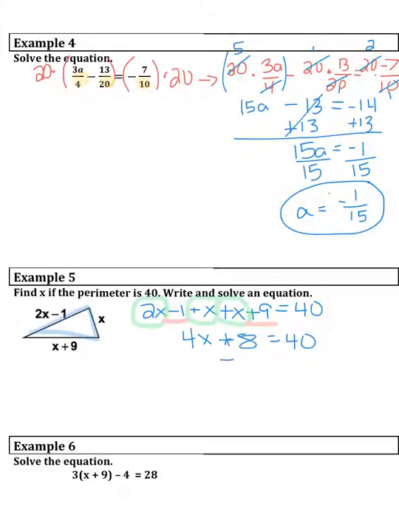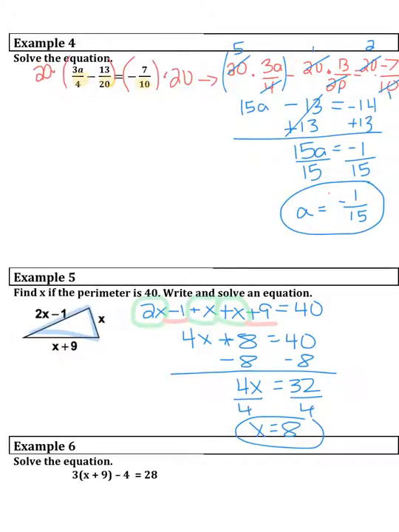You know how to solve this. Use your inverse operations to isolate your variable. It says find x if the perimeter is 40. X is equal to 8.